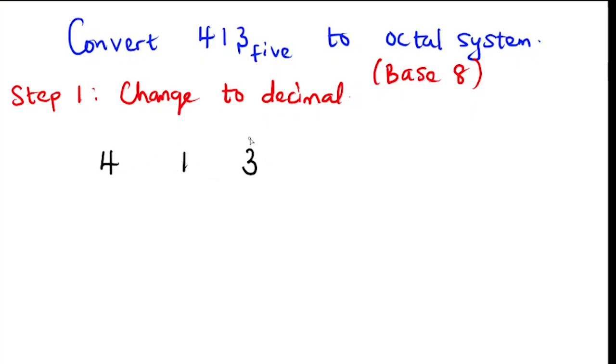For example, this number 3 is in the unit place. This number 1 is in the 5's place, and this number 4 is in 25's place. If you are still confused with how I'm getting these placeholders, you can watch my previous videos.